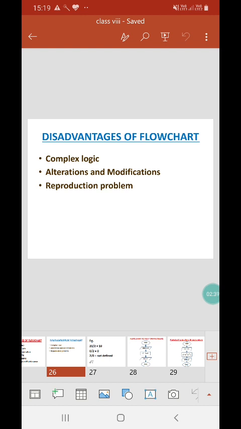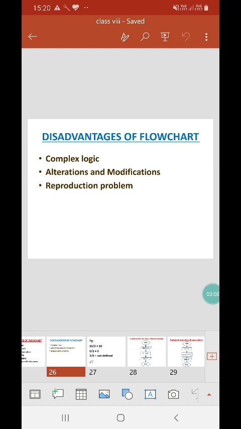Suppose we are doing work in MS Word, in MS Word we can copy the contents and paste anywhere, but flowchart symbols cannot be typed or copied, so it becomes a problem for the software engineers and programmers.